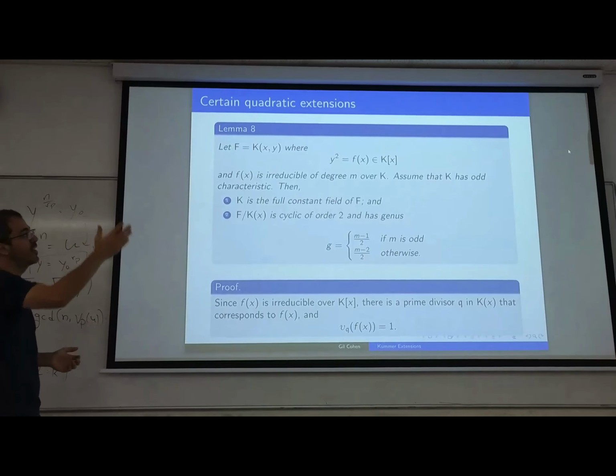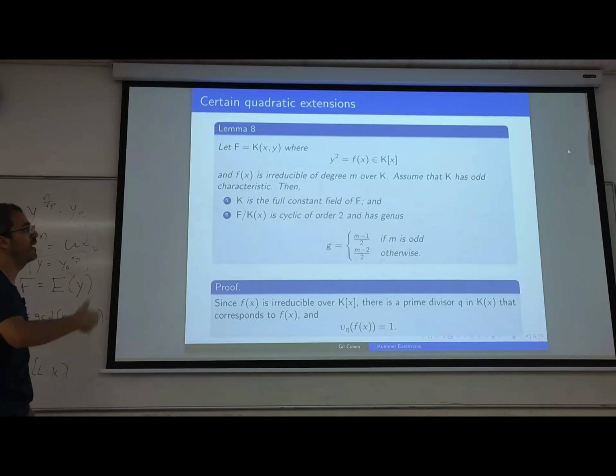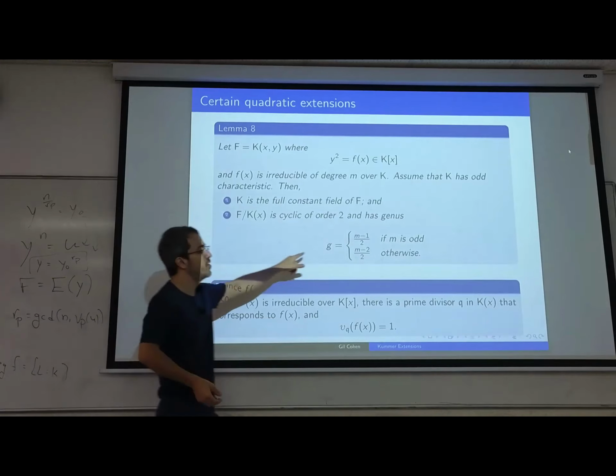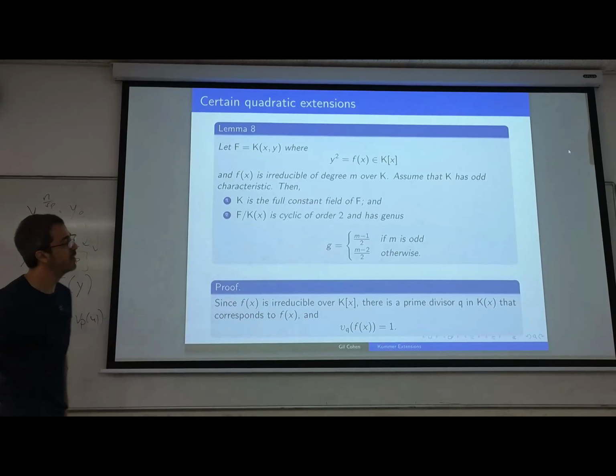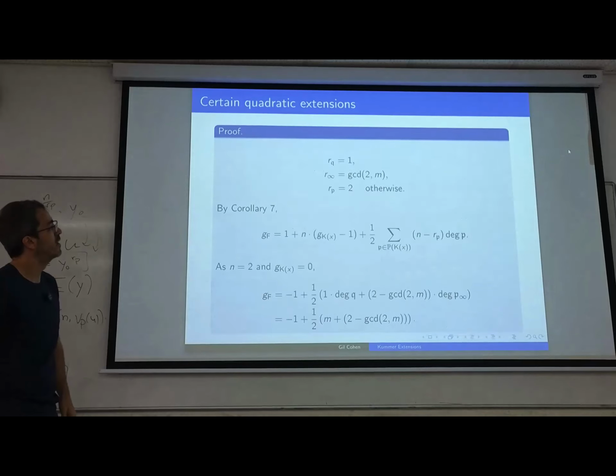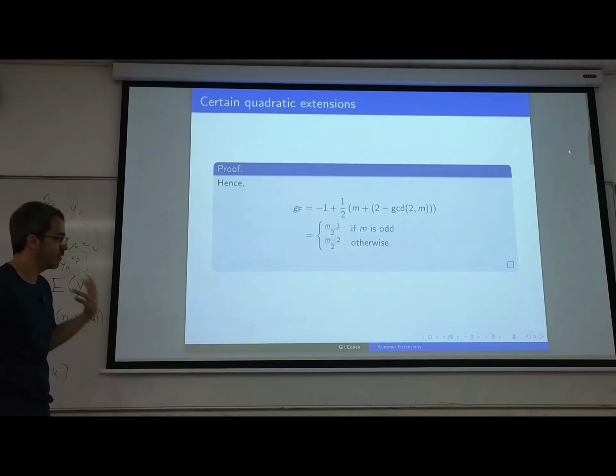Here it's just y squared equals an irreducible polynomial. Then, assuming that k has odd characteristic, so it will be coprime to 2, the degree of the extension, I know everything I want to know. Essentially, I know the genus, which is nice. It's an easy calculation. I'm not going to do it. You can look at it if you want, but it's completely obvious.